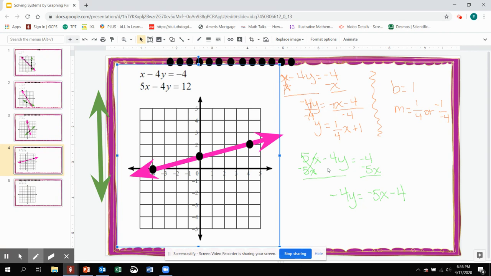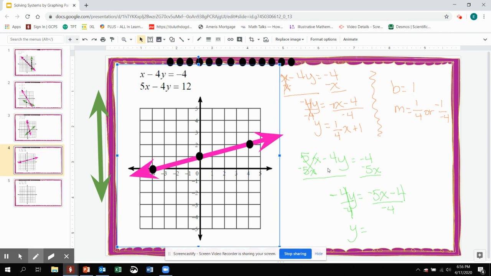Now y is still not by itself, so I'm going to divide by -4 on both sides of this equation. Now those cancel, and now I finally have y by itself. Now on this side, I'm going to do 5 divided by 4. Again, that would give me a decimal, and I don't want that, so I'm just going to write it as 5/4.